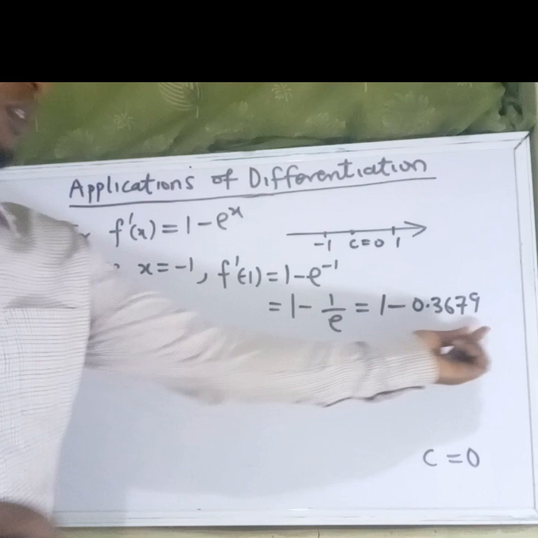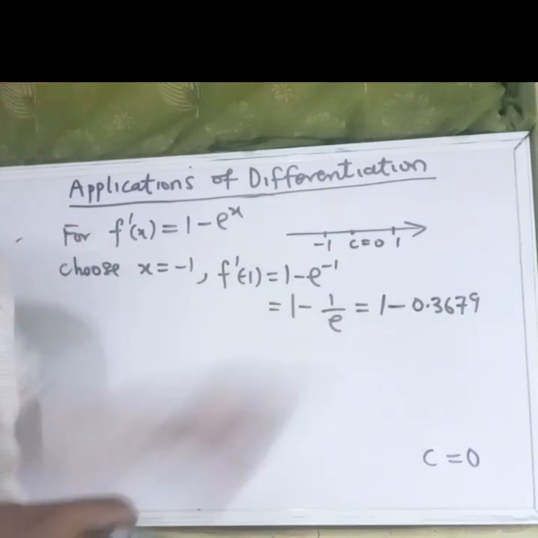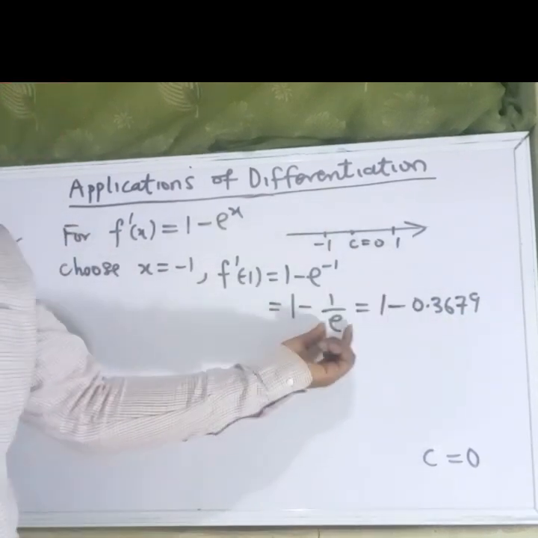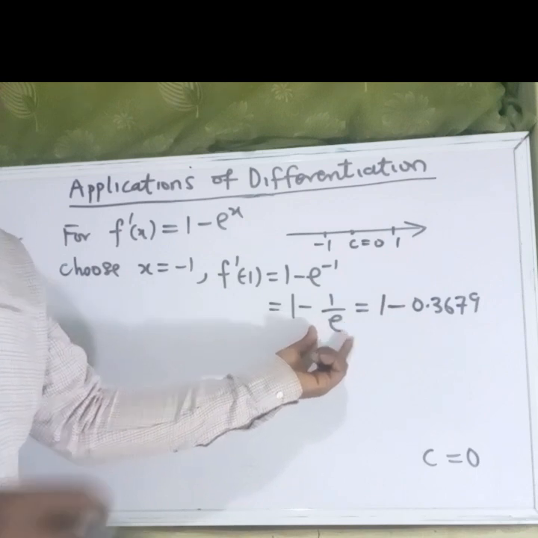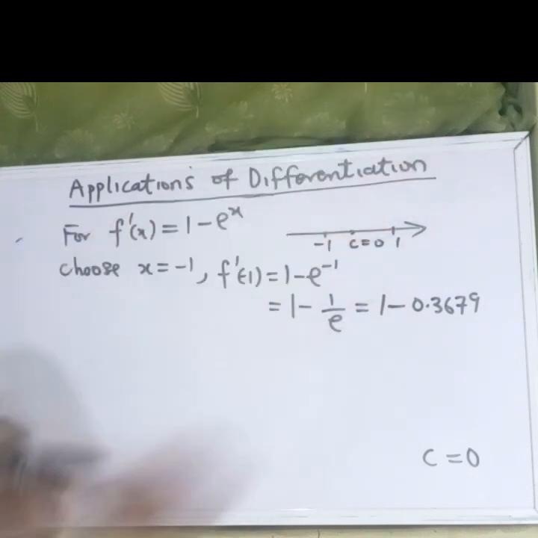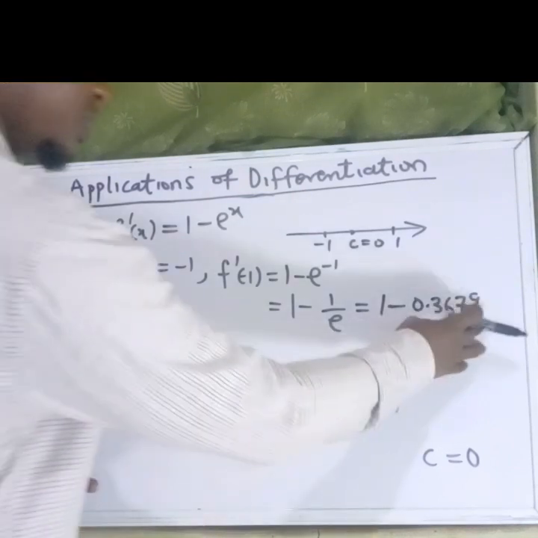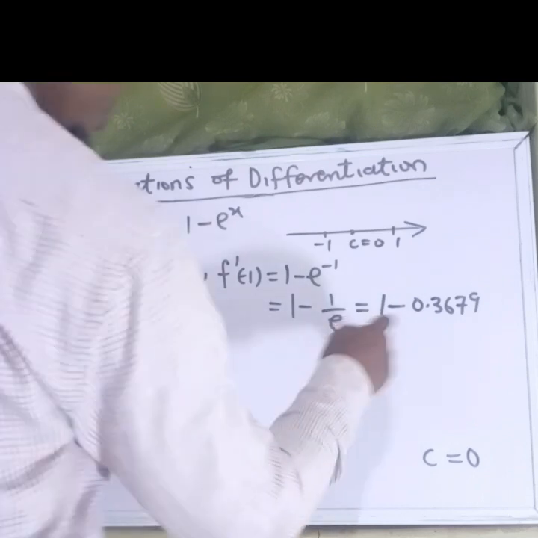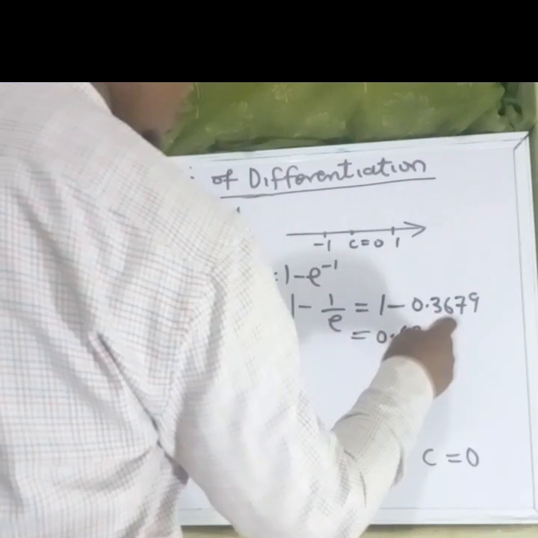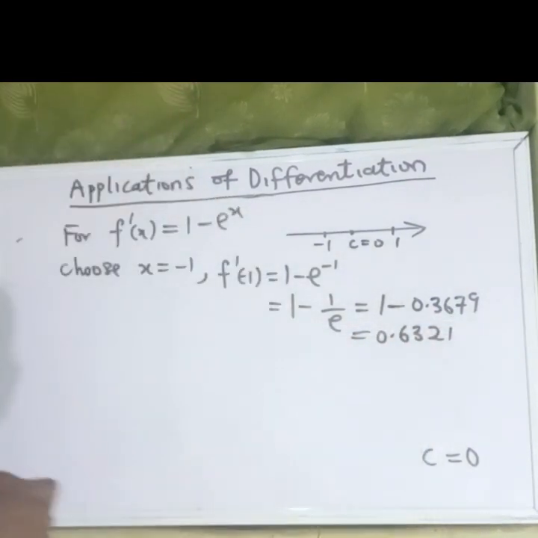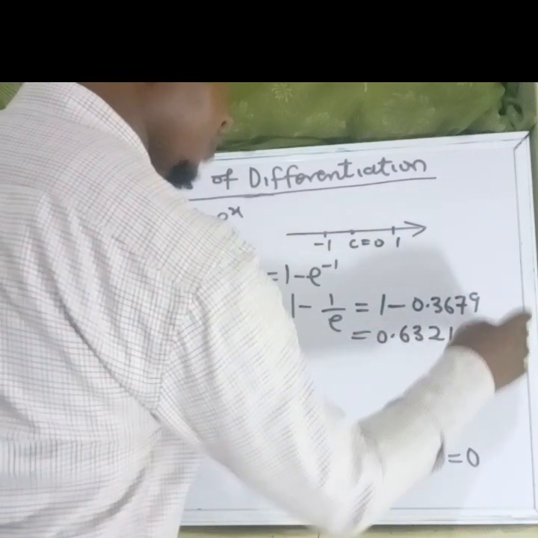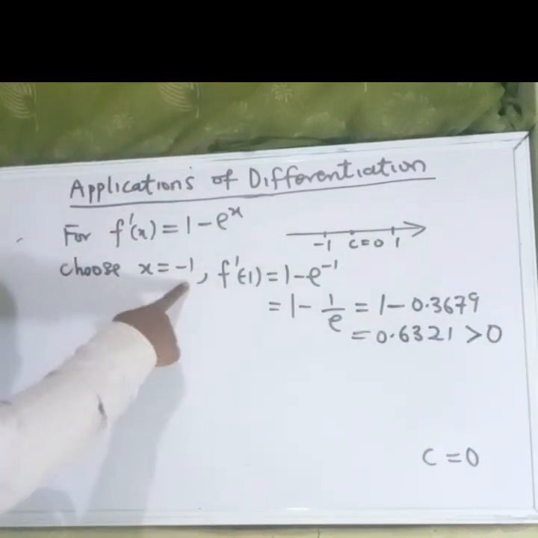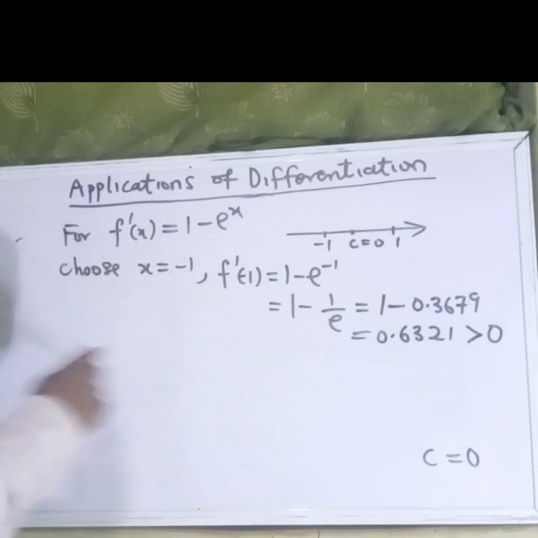So we are only approximating this to 4 decimals. The value of this is 2.718, as we have it on the calculator. When we calculate this, it is 0.6321, approximately. We'll see that the slope here is positive when x is -1.